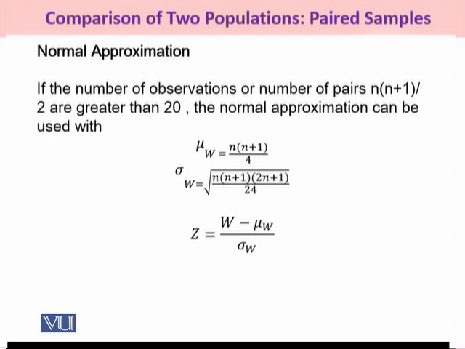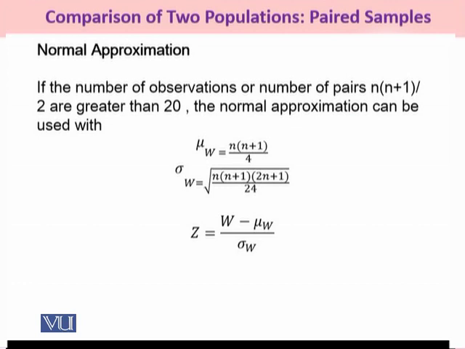Now students, under the same problem, if the number of observations or pairs, denoted as n, such that n(n+1)/2 is greater than 20, or n1 is greater than 20 or n2 is greater than 20, then we make use of the normal approximation for the Wilcoxon signed rank test.